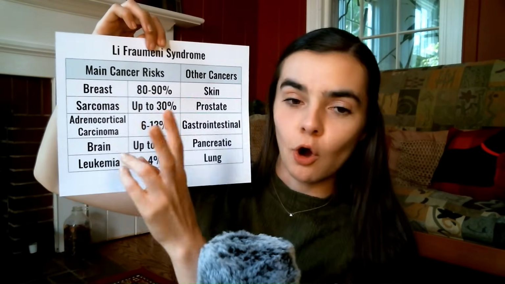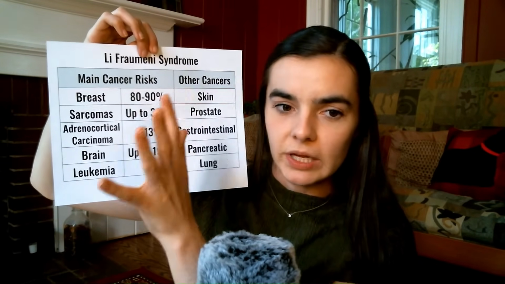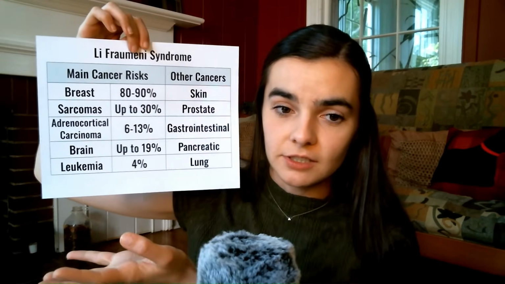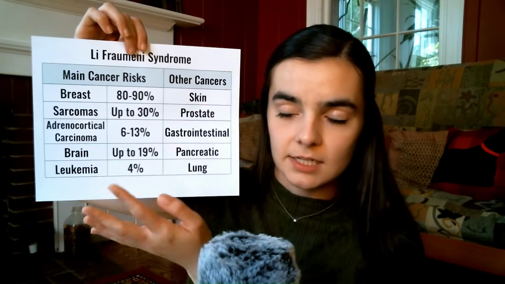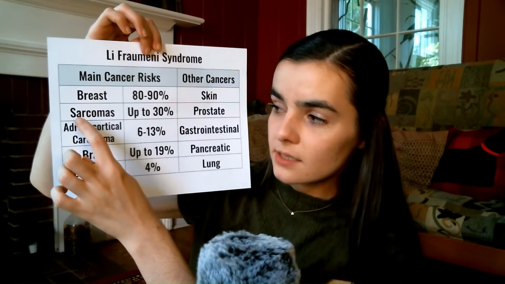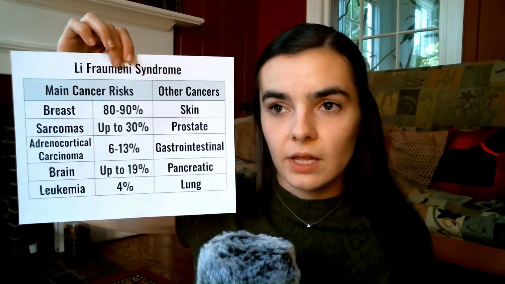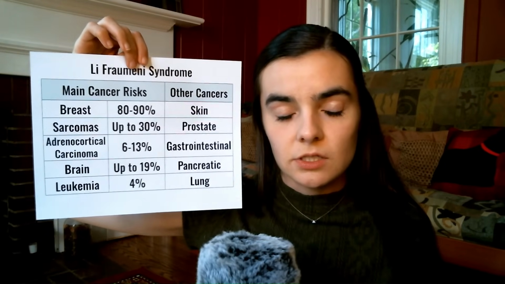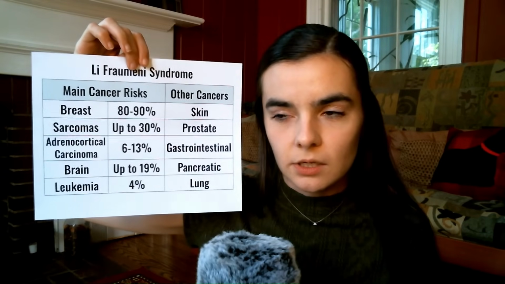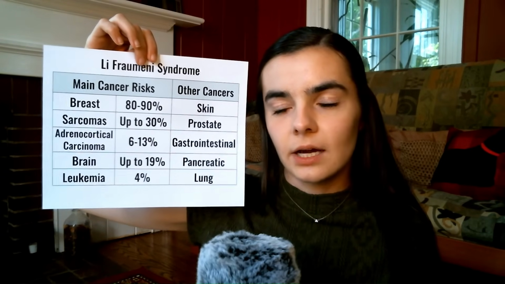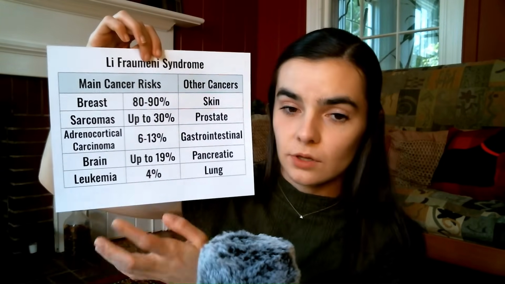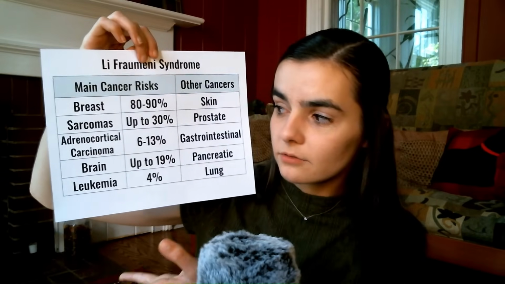These are the core cancers, the big Li-Fraumeni cancers, but there are so many others, way more than are on this list. These are just the big ones. So breast, sarcomas, so that's cancers of the soft tissues and bones, osteosarcoma, up to a 30% risk, again, really high.